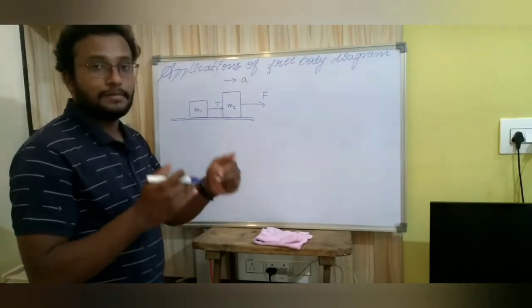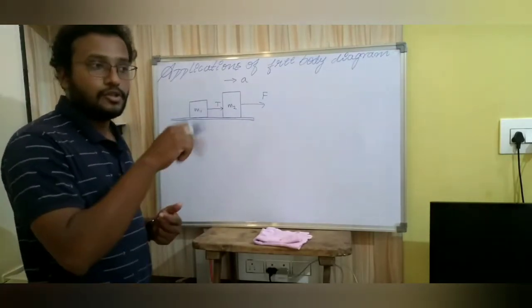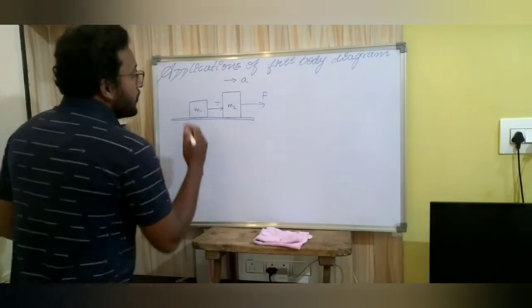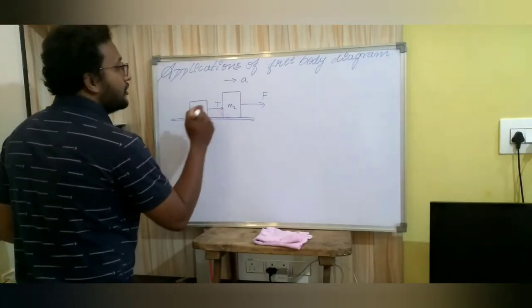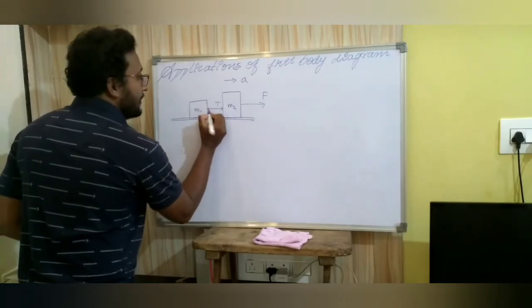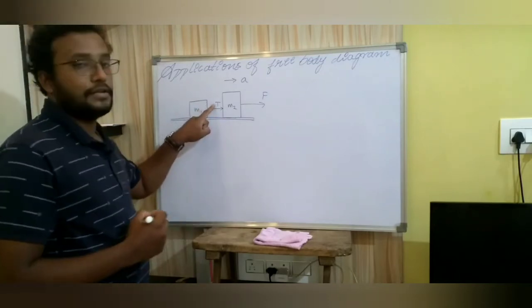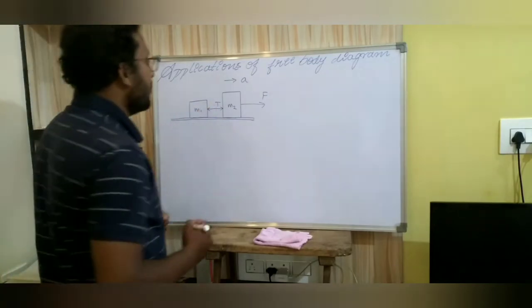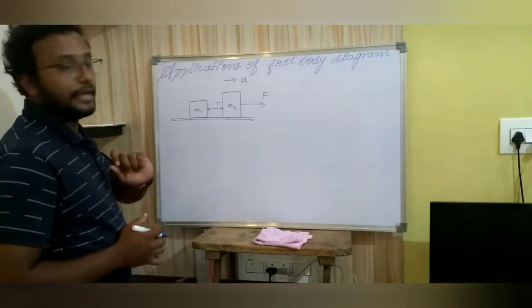When the relative displacement is 0, we consider the forces equal and opposite, so that the net force is 0. So the block M1 is also exerting a tension on this M2, and that is in this direction. That equal and opposite tension, let me call the tension T over here.